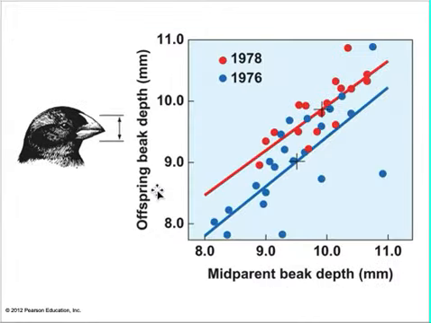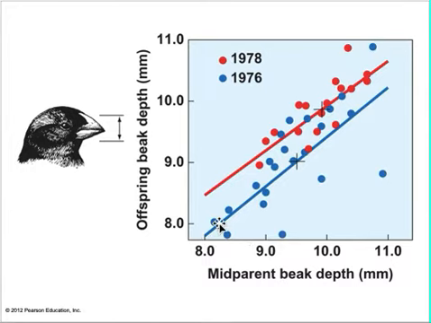Okay. So in this figure, you can see the offspring beak depth and the mid-parent beak depth. There is a linear relationship between the changes in the beak depth of the offspring and the mid-parent beak depth. So pataas, there is a linear relationship, though there are fluctuations na may observe.